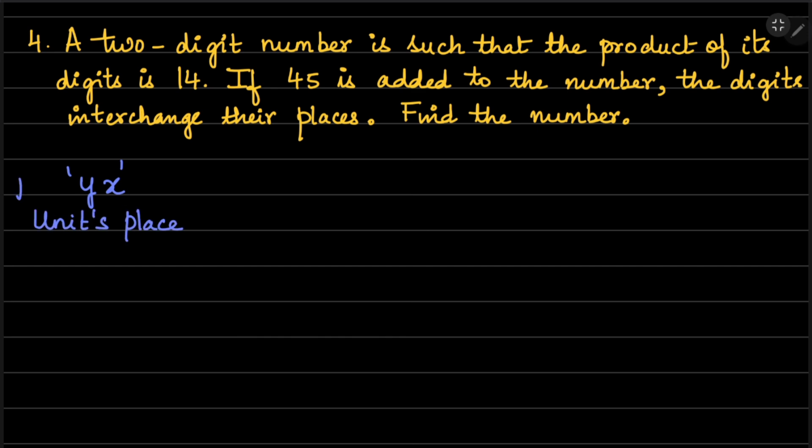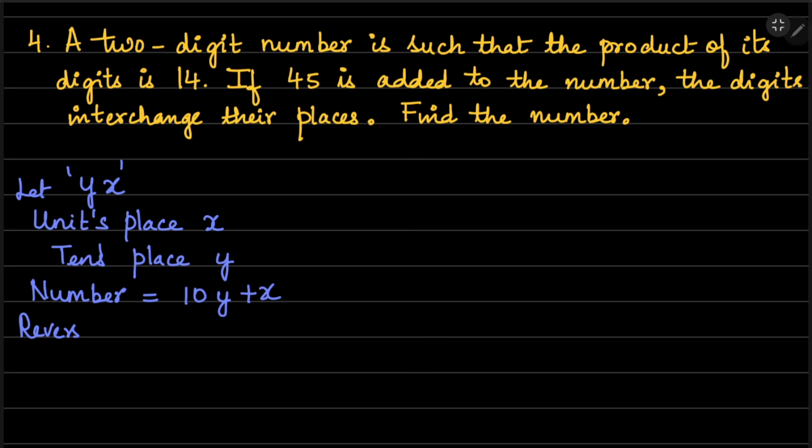Let your units place be x and your tens place be equal to y. So the number is nothing but, expansion will be 10y plus x. And the reversed number will be 10x plus y.